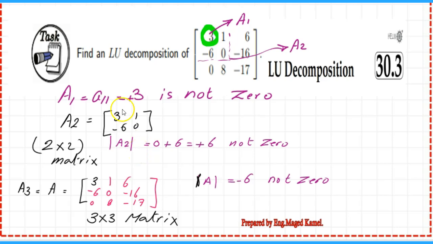We get the determinant value, which is given by multiplying 3 by 0 and deducting the multiplication of minus 6 by 1. So 0 plus 6 equals 6, which is not 0. Then the whole matrix, which is 3 by 3, we call A3.